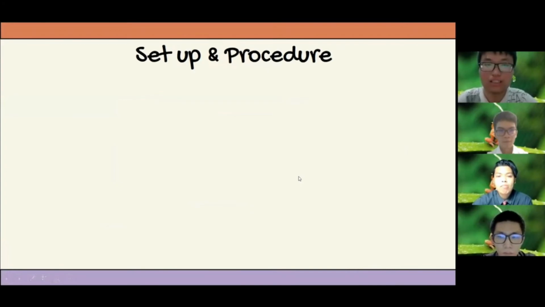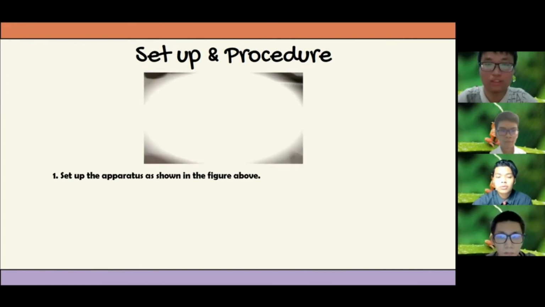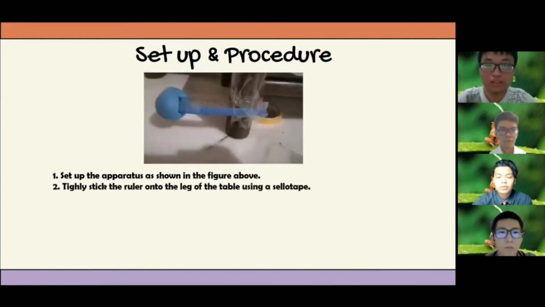Okay, next, I will describe the procedure of the experiment in this slide. The first step you need to be careful about is to set up the apparatus as shown in the figure above. So the figure will be like this. Second, you have to tightly stick the ruler onto the leg of the table using a slotted.